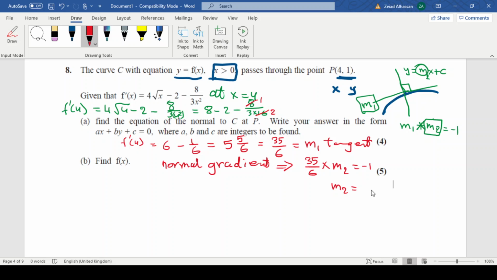Find f(x). As they gave us the differentiation, which is f prime x equals this, we will do integration for this function. Let me erase all of this so I can do integration.